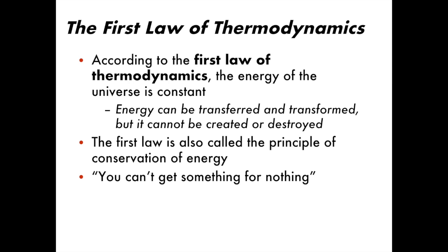We cannot create or destroy energy. So we also call this the law or the principle of conservation of energy. You can't get something for nothing is another way of describing this. So we can convert potential energy into kinetic energy and back again, but we can't just make new energy happen.